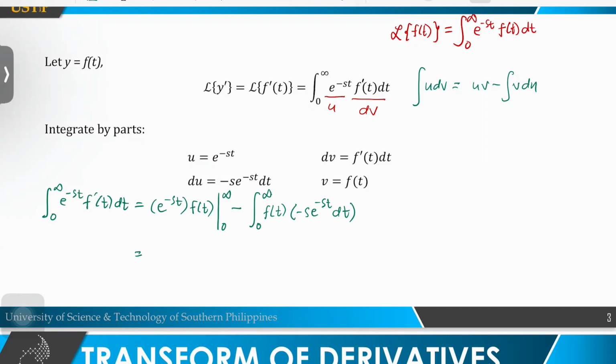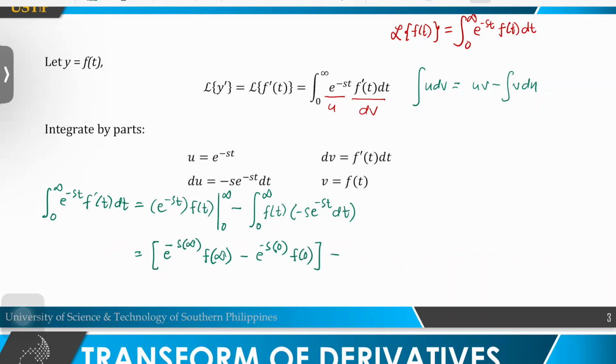Here, at infinity, we have e to the negative s times infinity times f of infinity, minus e to the negative s times 0 times f of 0.